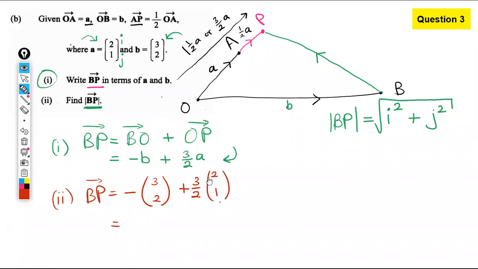Take your time, multiply every one inside this bracket by 3 on 2, and then add it to minus 3, minus 2, because this minus sign belongs to the 3 and to the 2 at the same point in time. So good luck. Simplify this expression. When you get your final i value and final j value, use the formula for magnitude.